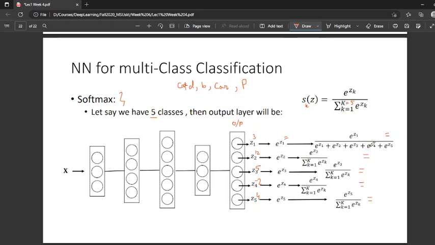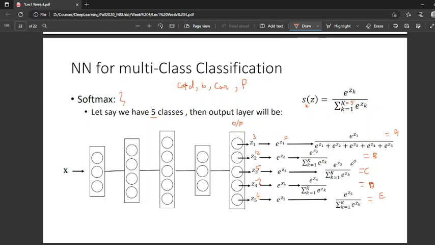So we will have, let's say, a value here, b here, c here, d here, and e here. All these values will be between 0 and 1, because we are normalizing the numerator with the sum of all those values.